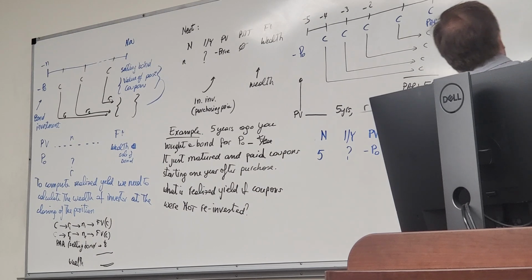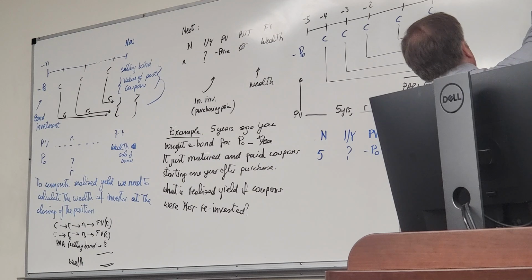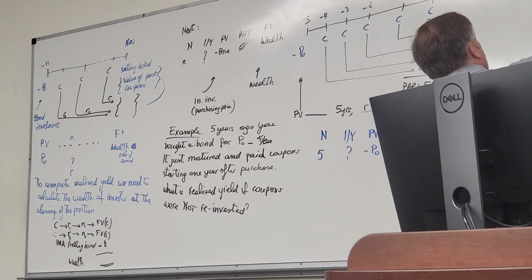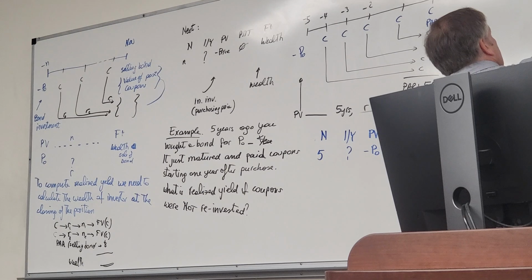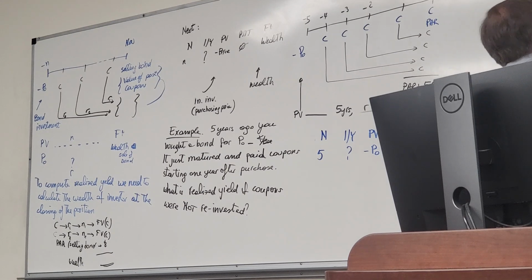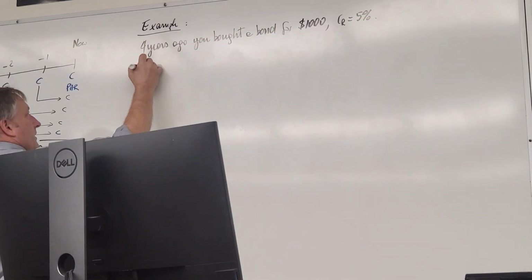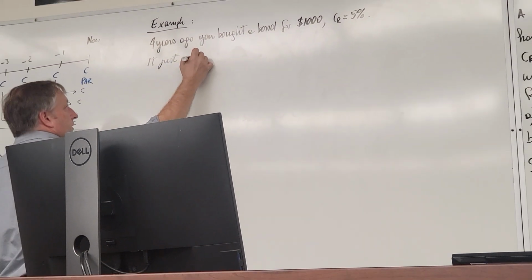Example. Four years ago, you bought a bond for $1,000. The bond has a coupon rate of 5%. And it just matured.